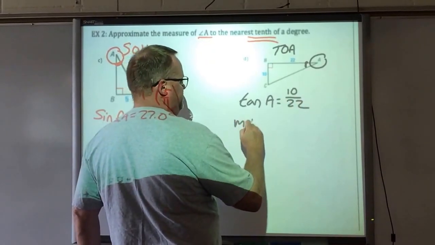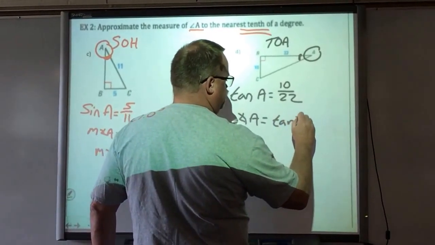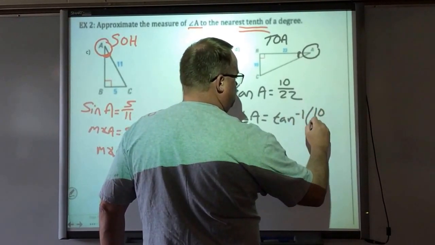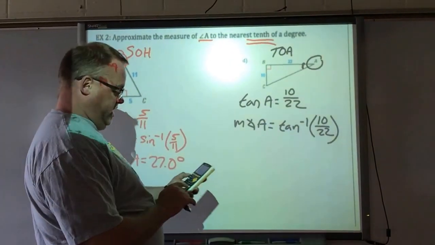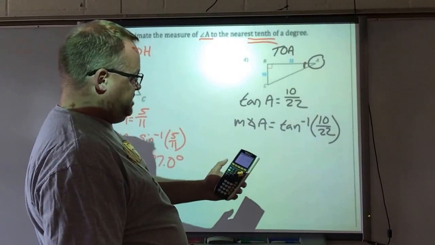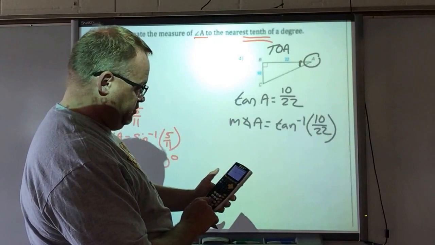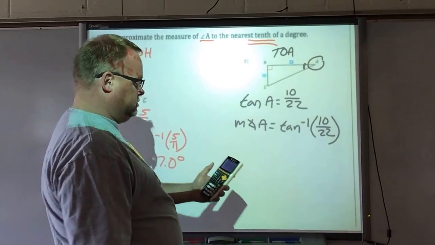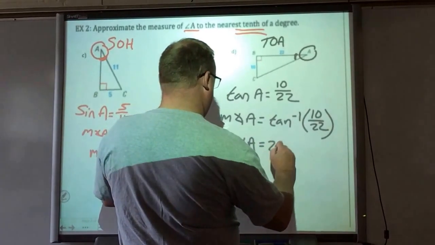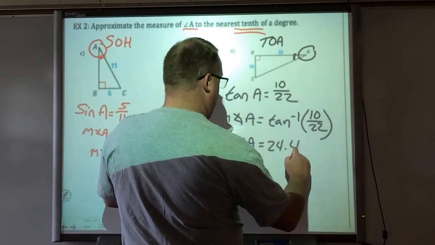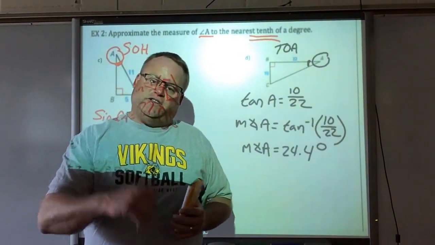So find the measure of angle A is equal to the inverse of tangent of 10 divided by 22. Put that in the calculator. Second tangent gives me the inverse. 10 divided by 22 is equal to, the measure of angle A is equal to 24.4 degrees.